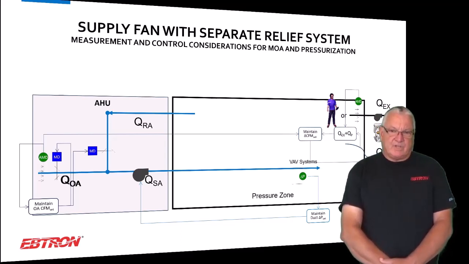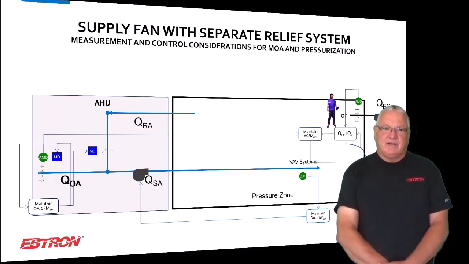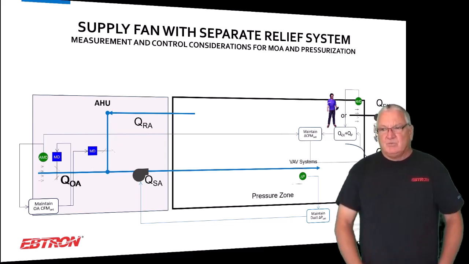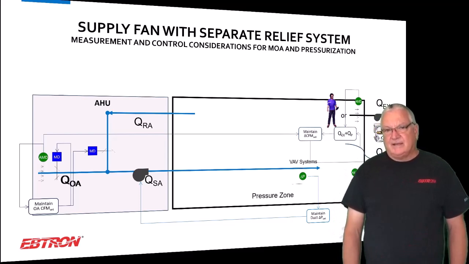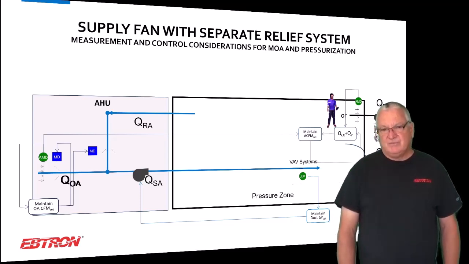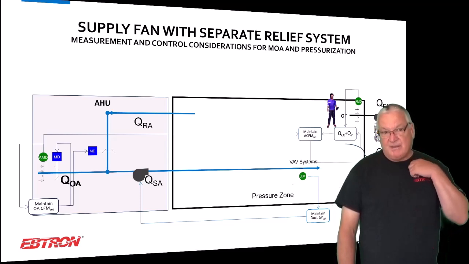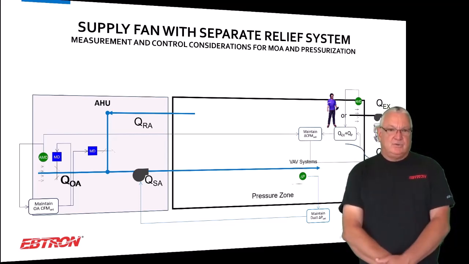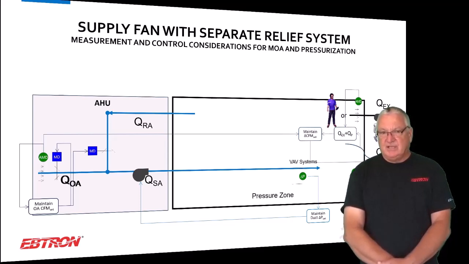The thing I want to caution everybody on here is when you do the math and look at how accurate the flow measurement needs to be to do differential flow control, you find you need very accurate flow measurement, okay? That means you have to pay more attention to where you're measuring the outside air and where you're measuring the relief air.